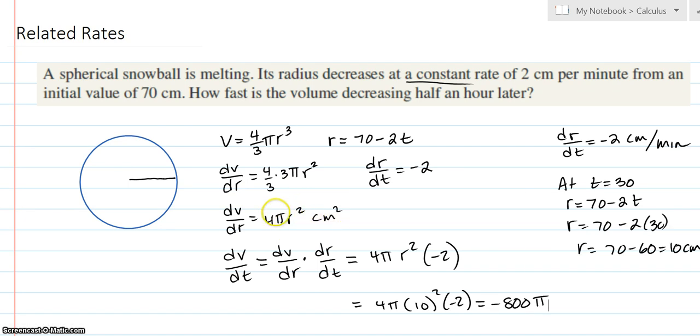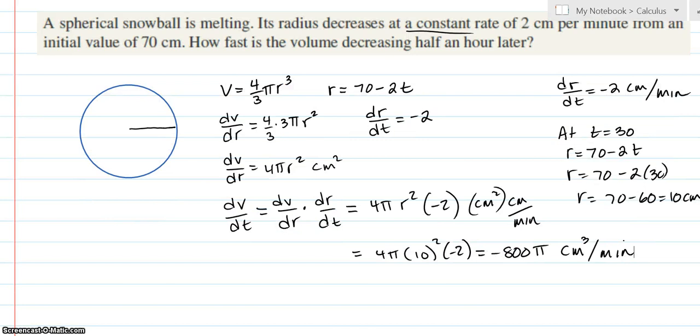Which makes sense, because if you plug in an r here, that would be a centimeter squared. And then this negative 2, that was in centimeters per minute. So we're going to get centimeters cubed per minute, which is exactly the rate of change. The volume divided by minutes would be the rate of change of the volume. We did it. How fast the volume is decreasing a half hour later.